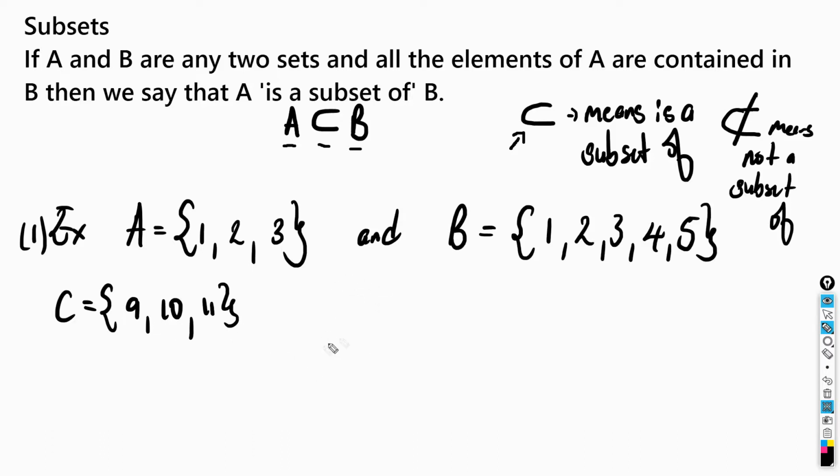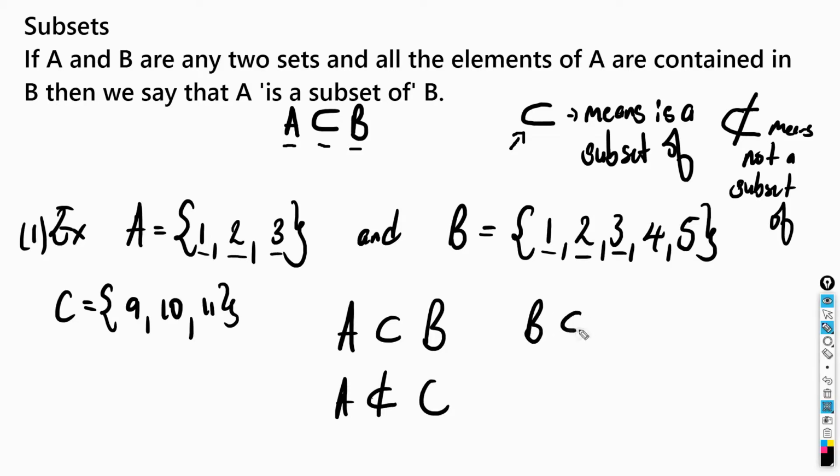We can clearly see that A is a subset of B, because 1, 2, and 3 are in B. We can also see that A is not a subset of C because 1, 2, and 3 are not in C. And B is not a subset of C, because 1, 2, 3, 4, and 5 are not in C. This gives a perfect example of what a subset is.